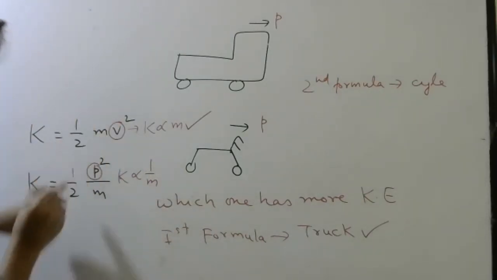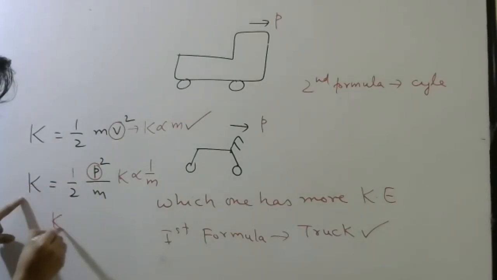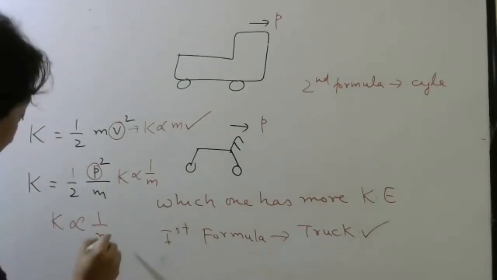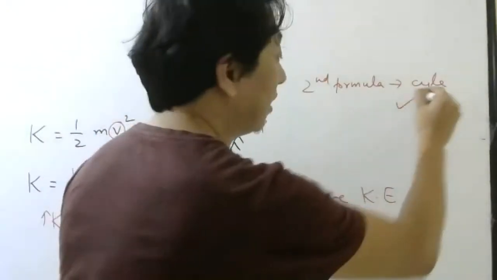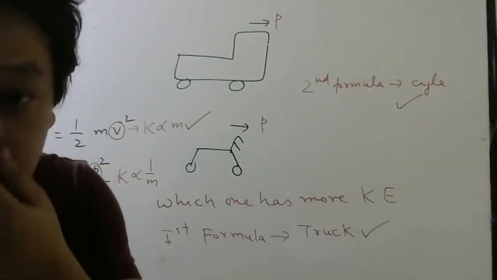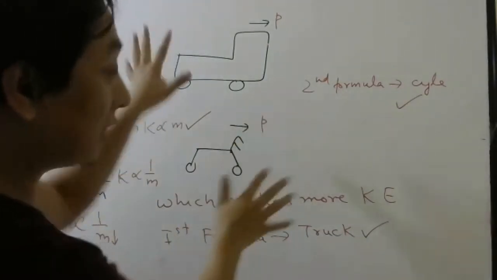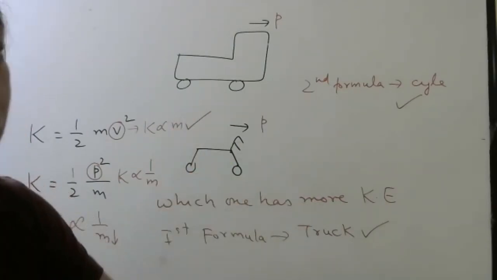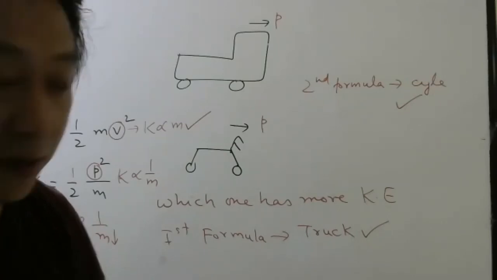Now momentum is constant, so you should say K is inversely proportional to mass. That means less mass will have more kinetic energy. So the cycle will have more kinetic energy. So that is how the knowledge of proportionality will help you to understand all these things. Okay. Anyways, all these things I will be teaching you more in this course. Many examples you will get, more examples you will get.